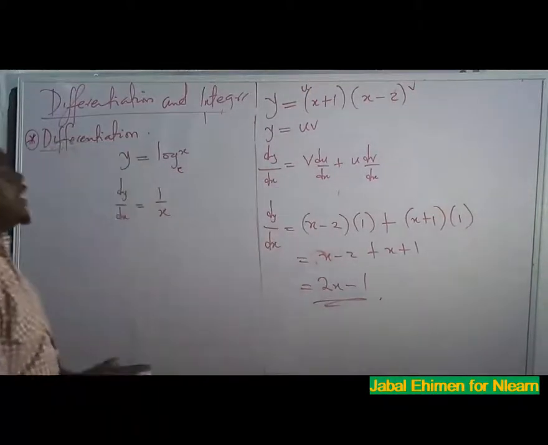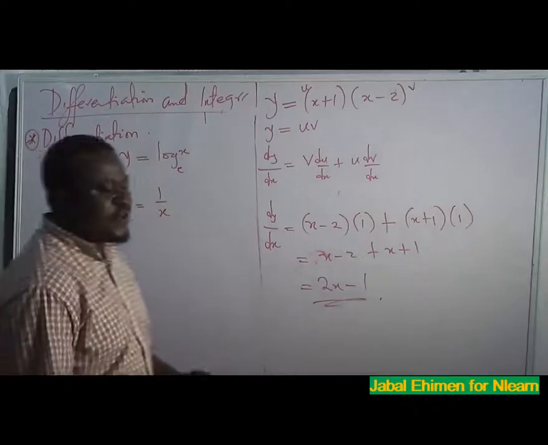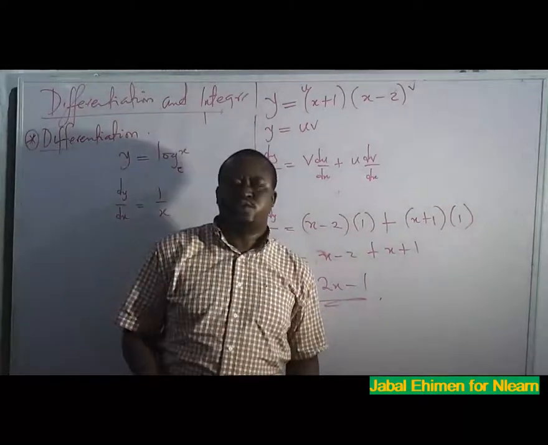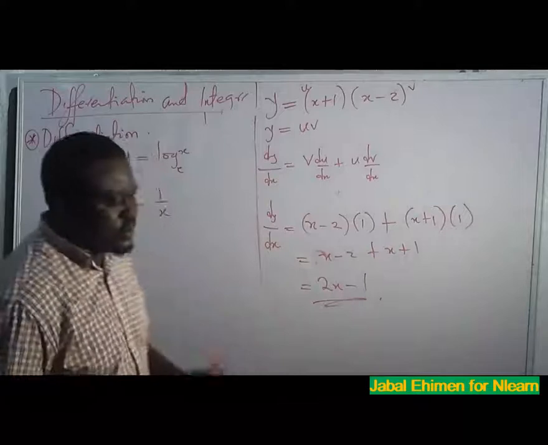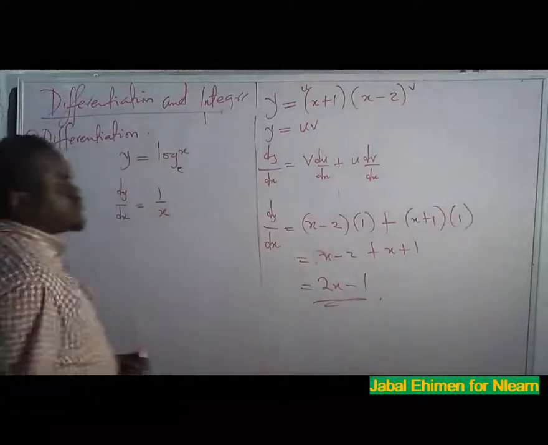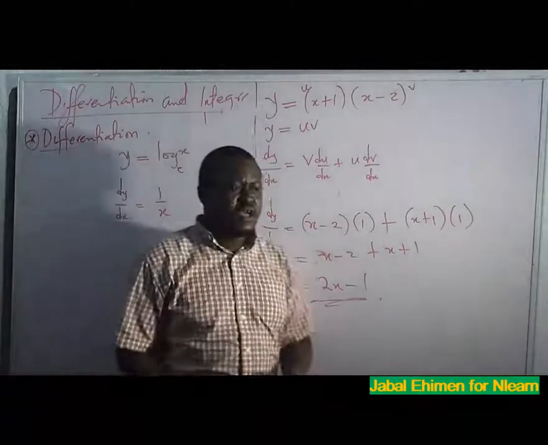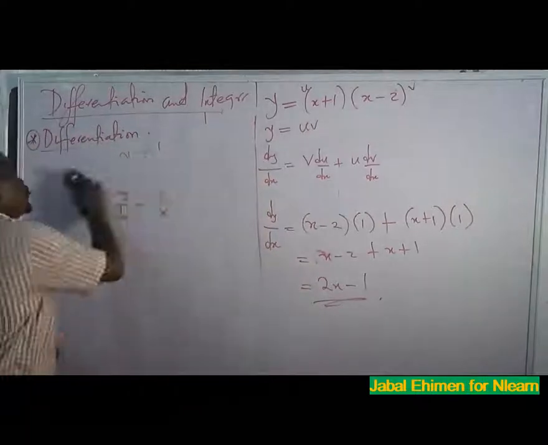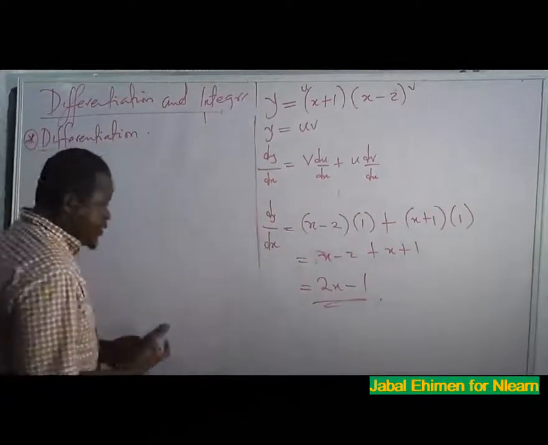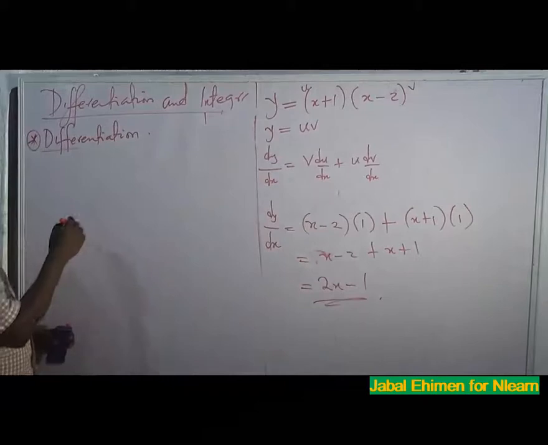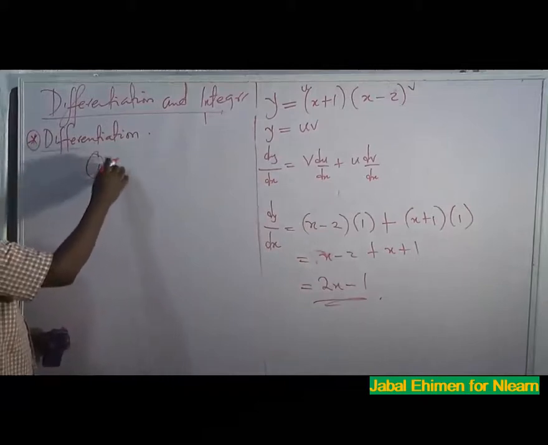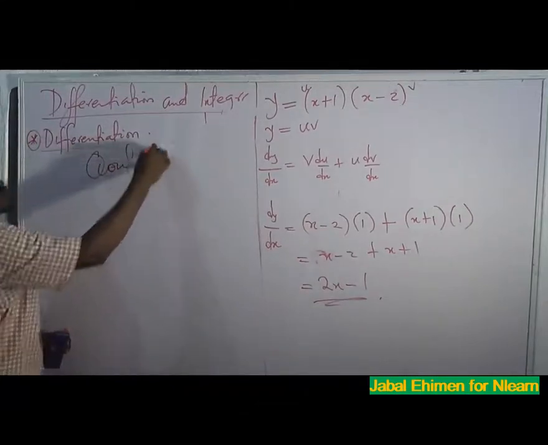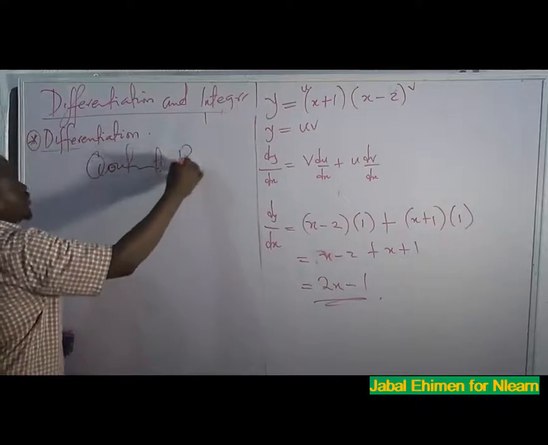Now, then we have the function of a function. After that, let's consider another rule that can be used for differentiation. One of those rules is what we call the quotient rule.